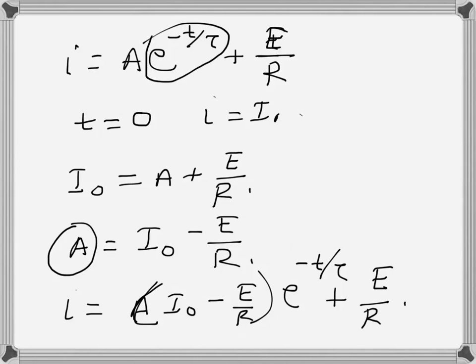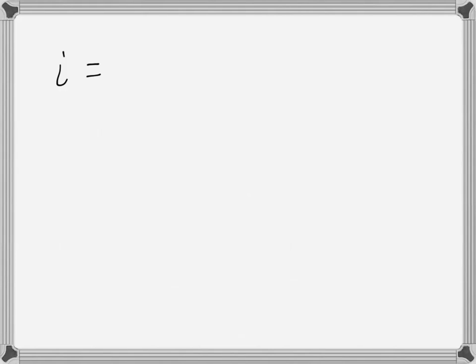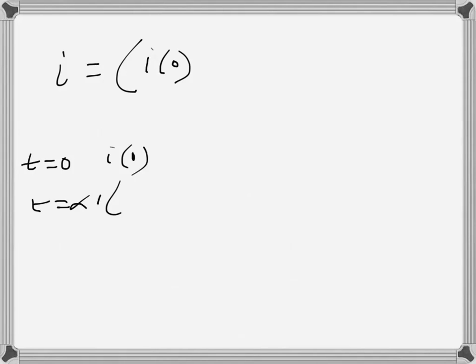So this current form is becoming like this. I at t equal to 0 is I naught, and when t is equal to infinity, which is the steady state, we write I infinity.